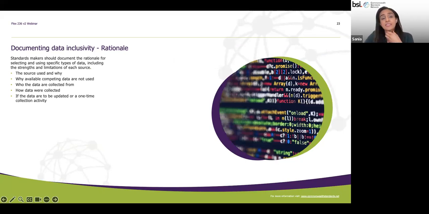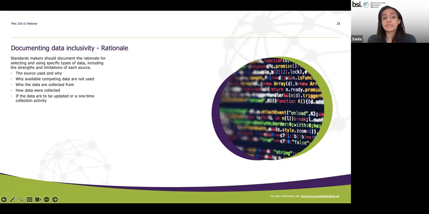So then, given that the data, like I keep reinforcing, can lead to social and ethical problems, inequalities, etc., it's important that we take steps to document what we've done, the data we've collected, why we've collected it, and its likely impact. So questions that we could ask and you should document are the sources used and why.